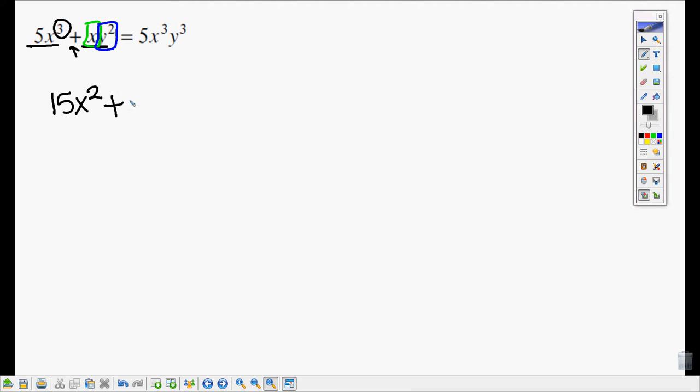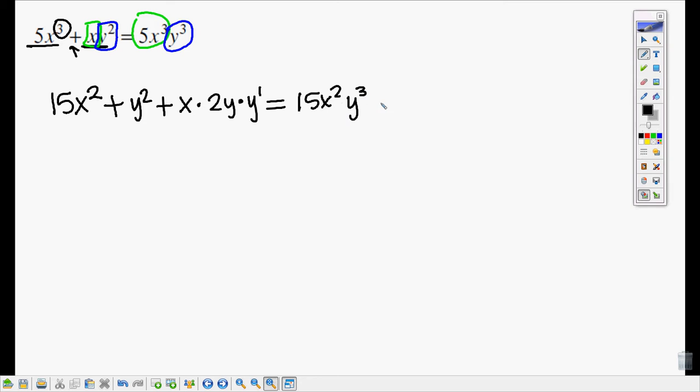So the derivative of the first is 1 times y squared, the second term, plus the first times the derivative of the second. So chain rule says we bring the 2 down, subtract 1, times the derivative of the inside, which is y prime, is equal to, again, we have that product rule. So first term, second term. So I have the derivative of the first is 15x squared times the second plus the first term times the derivative of the second.